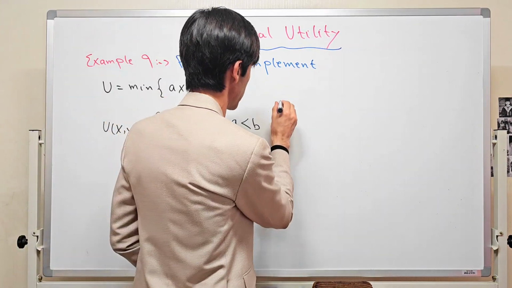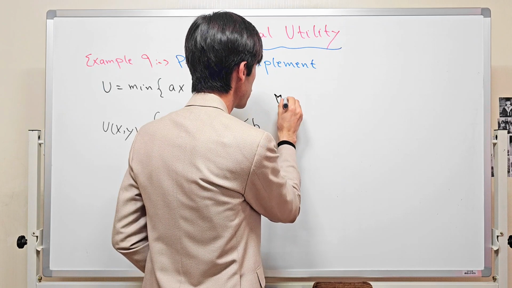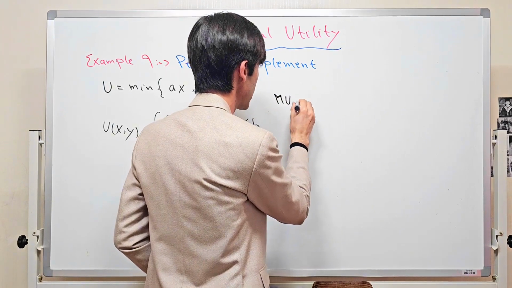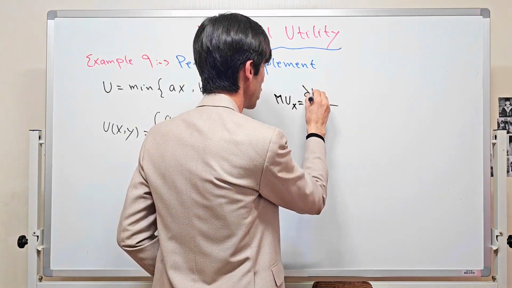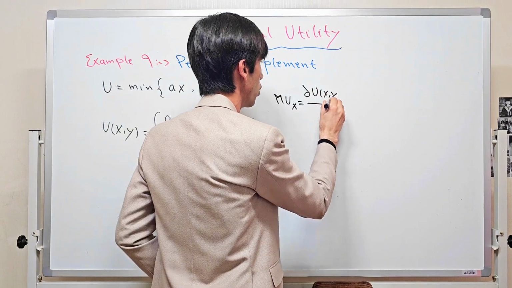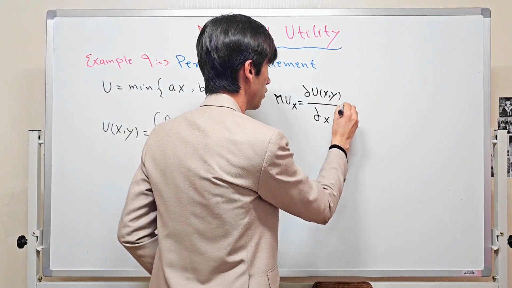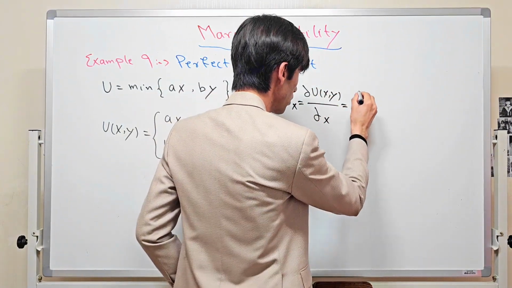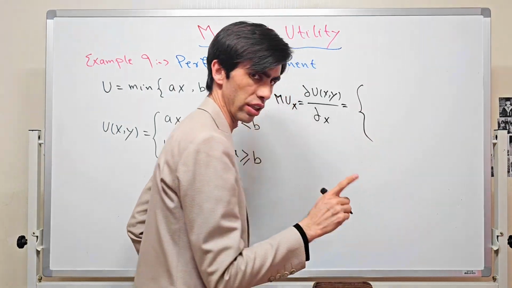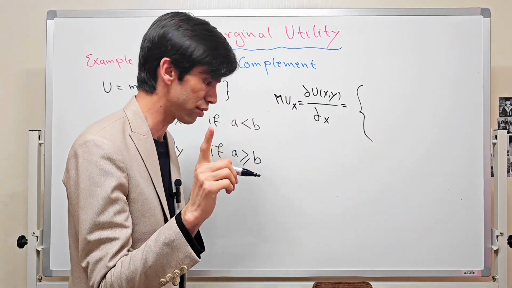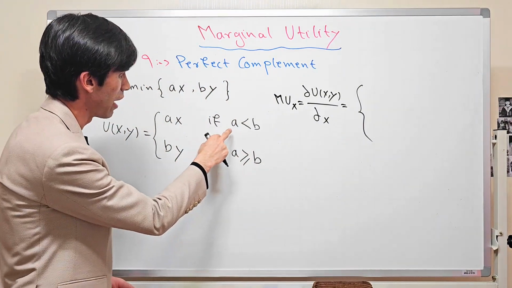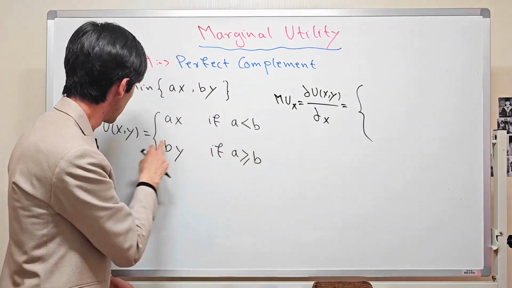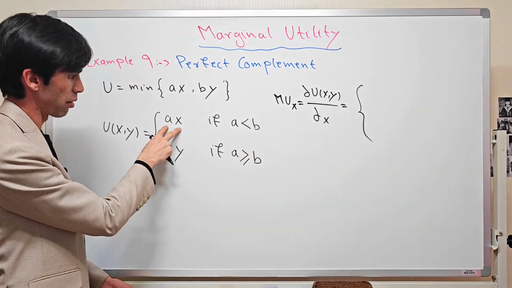So we'll have different conditions. First of all, the marginal utility of x, which is equal to the partial derivative of u(x, y) with respect to x, will be equal to, we have two conditions. If a is less than b, then the utility function will have this format, ax.